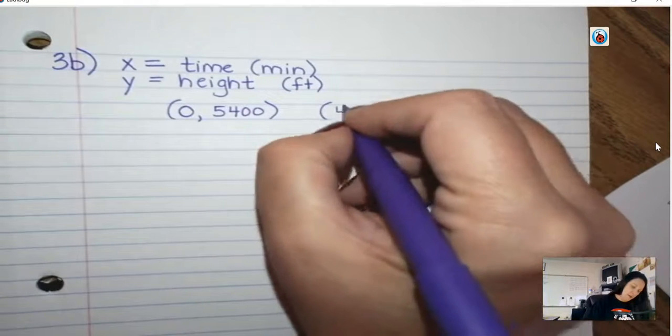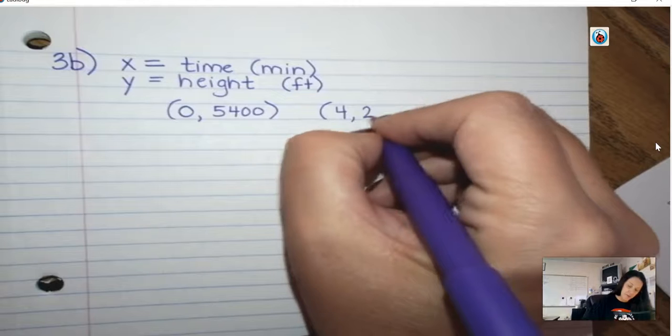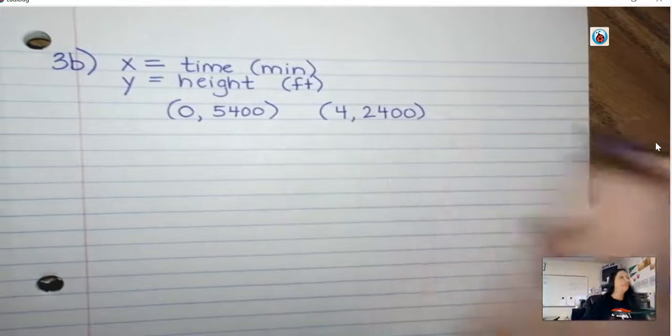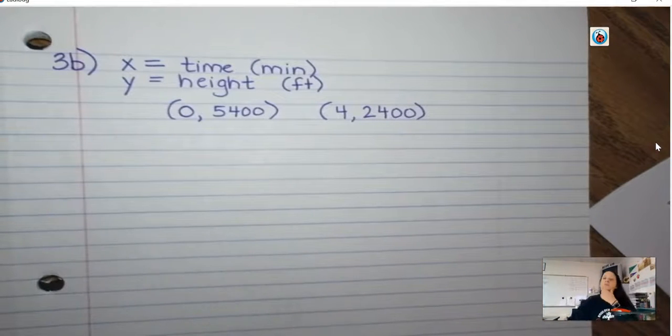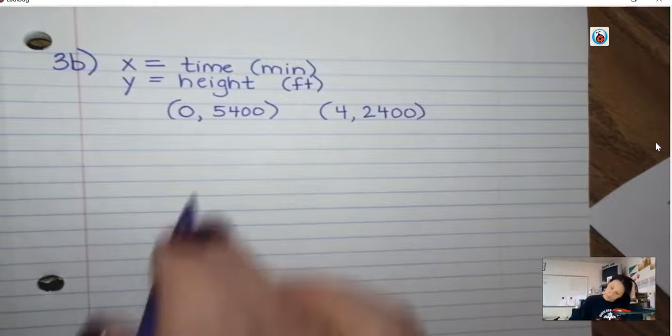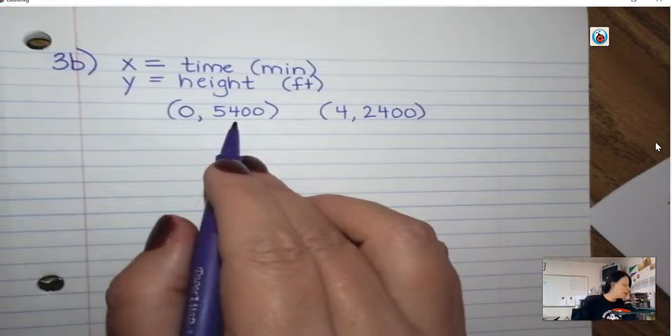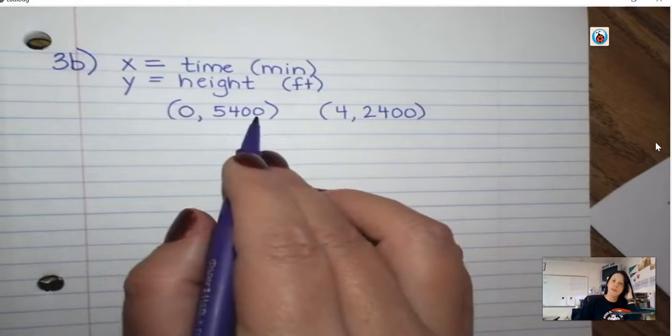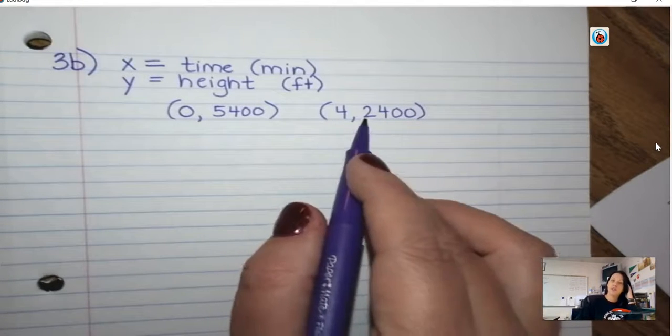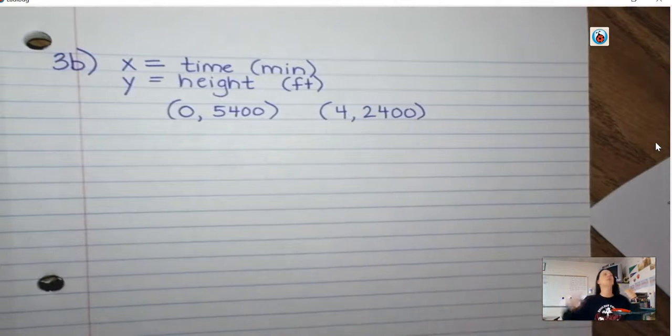And (4, 2,400). So at 0 minutes, the chairlift is at 5,400 feet. At 4 minutes, the chairlift is 2,400 feet. So this chairlift is coming down the mountain.